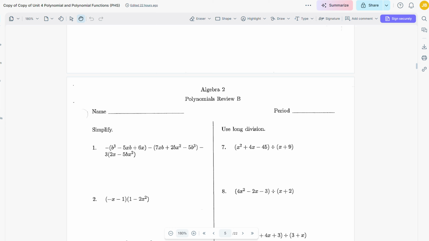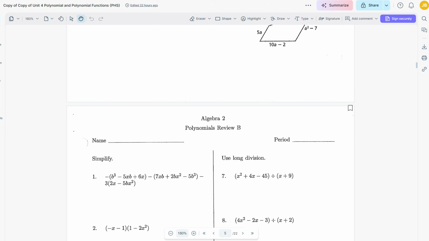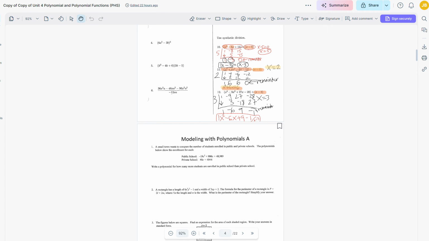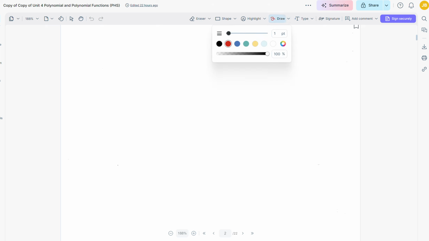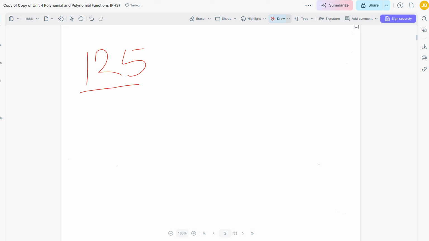Actually, before I go over a polynomial divided by a binomial, I'm going to use this white space to remind ourselves of how to divide. Here we go. Let us recall if we have something like 125 divided by 5.